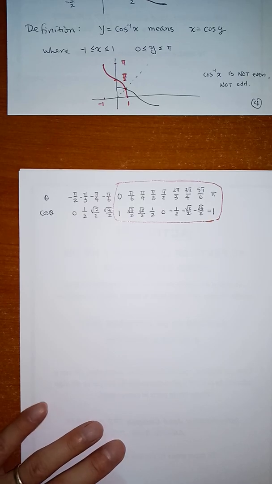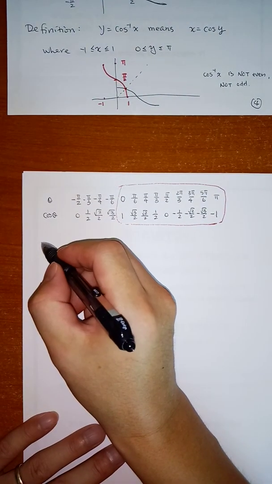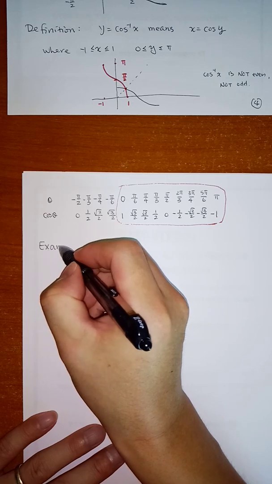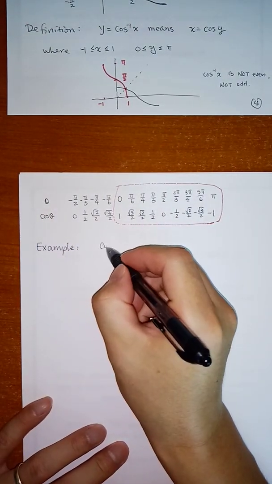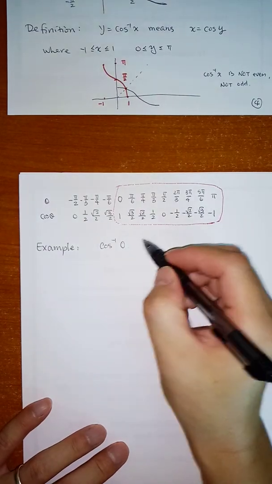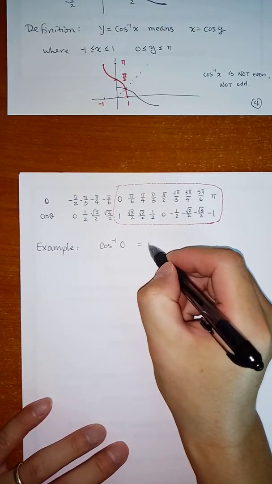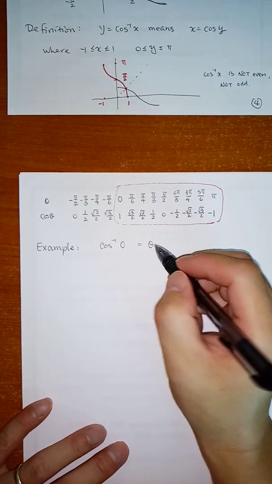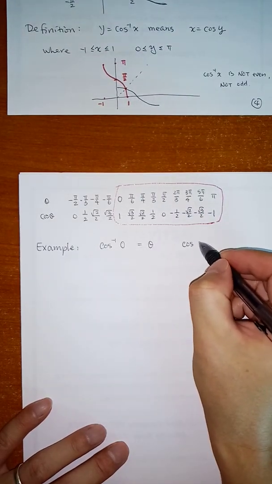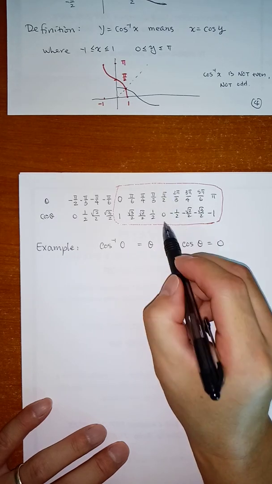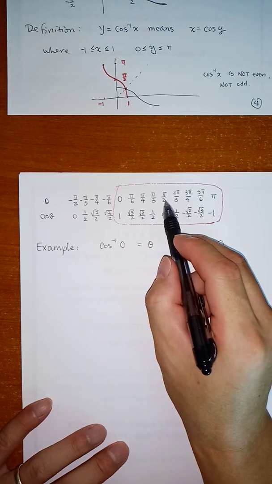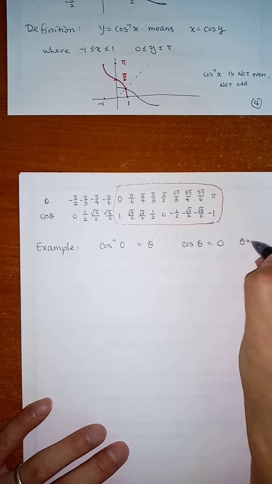Okay, so let's check the example. The cosine inverse of 0. If we call it theta, again this is an angle, then cosine theta is 0. So check this table. The cosine value should be 0, so the corresponding theta is pi over 2.